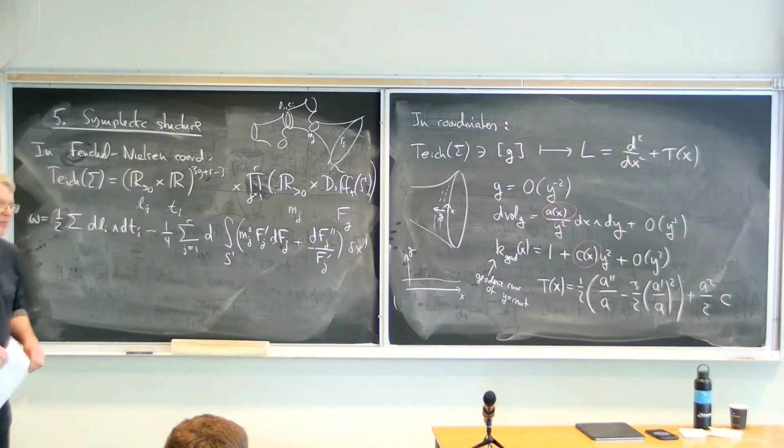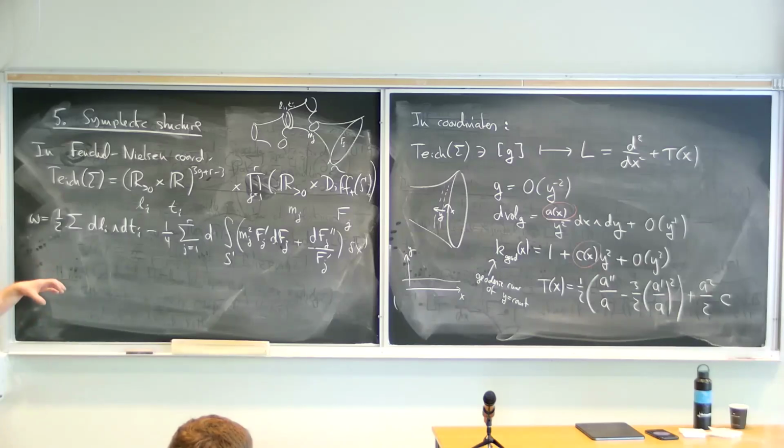But if the trumpet is attached to the pants, then does Mj correspond to Li on the other side? No, they're independent. So that's what I was saying. That's from the theory of hyperbolic metrics on pairs of pants.